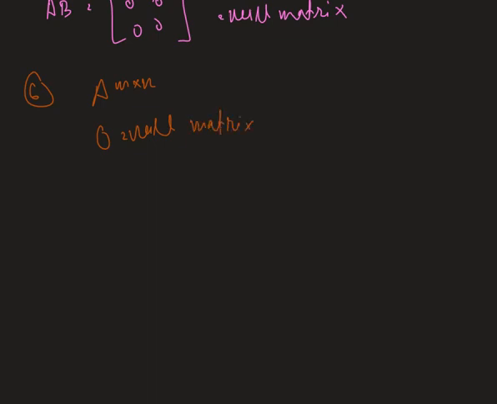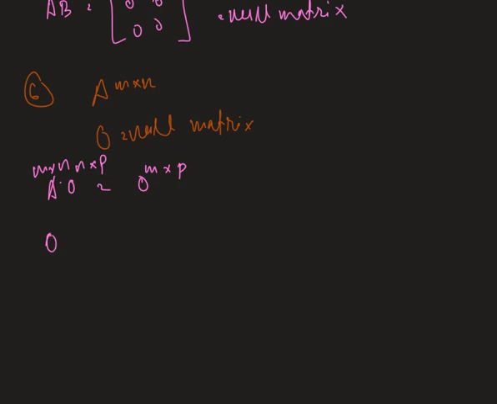Then we can say that A multiplied by O is equal to O, where the order of A is m cross n and the null matrix is n cross p, so it is m cross p.